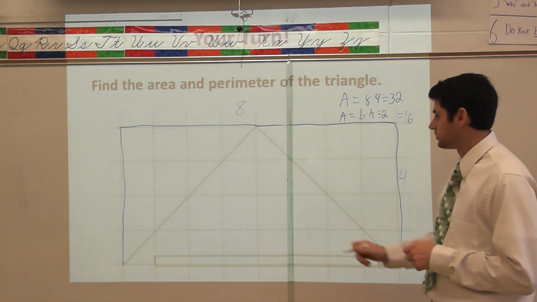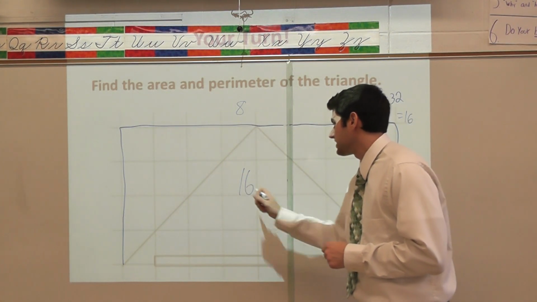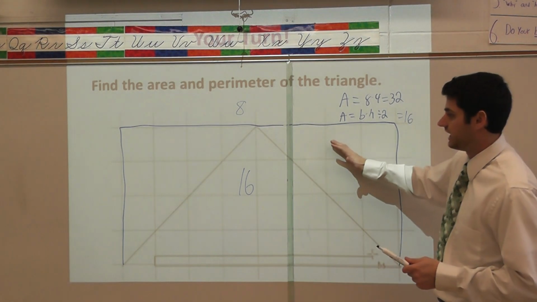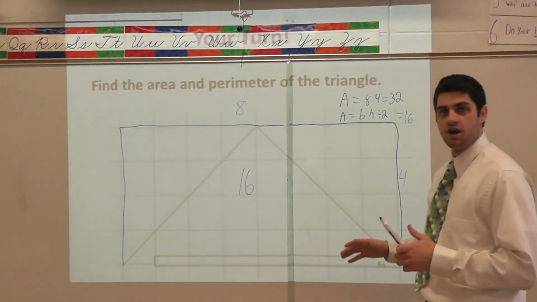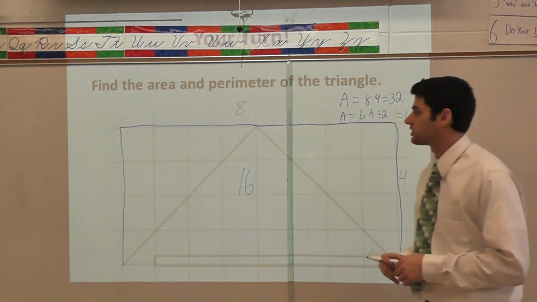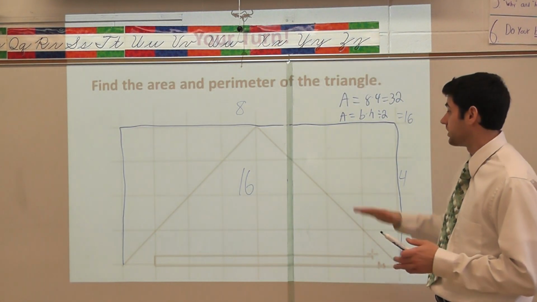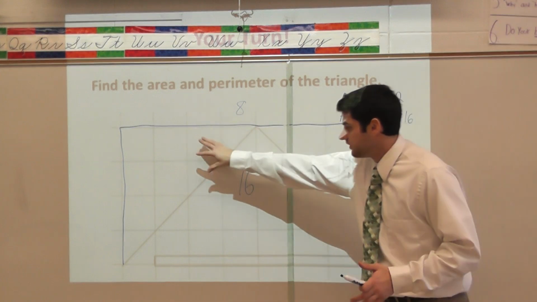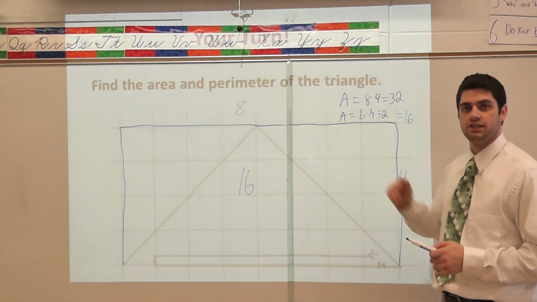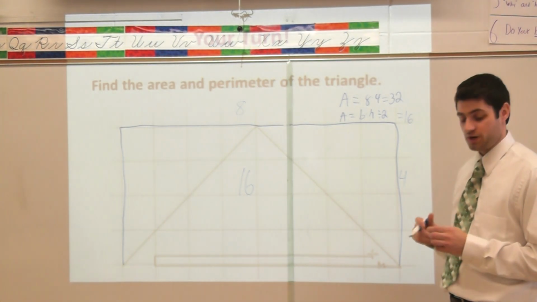So the area of this triangle is 16. Again, this is going to be half of the rectangle up here. This part could fit in here, this part could fit in here. Basically, I could fit 2 of these triangles inside my rectangle.